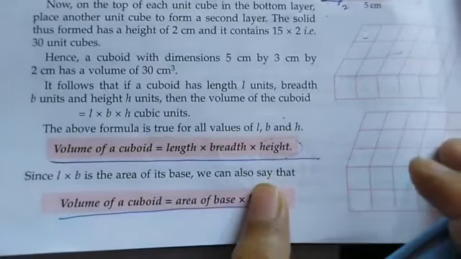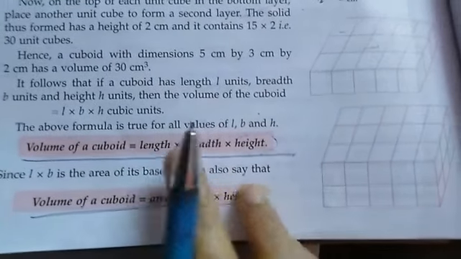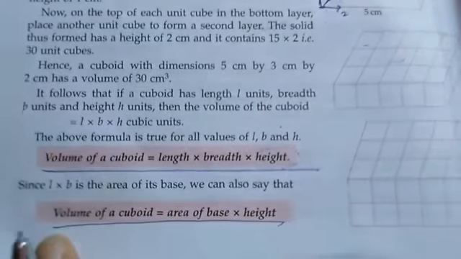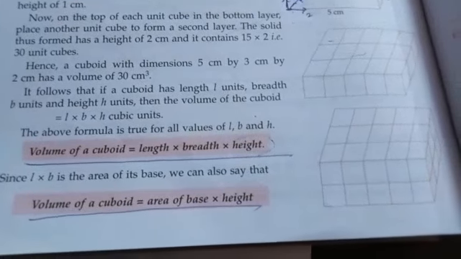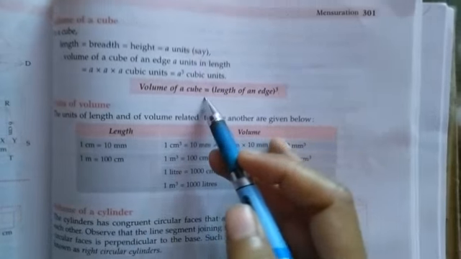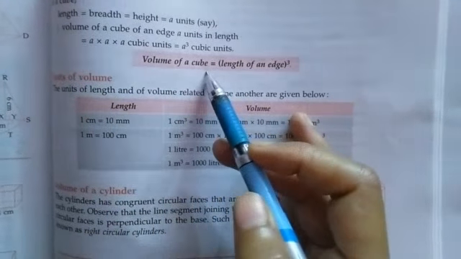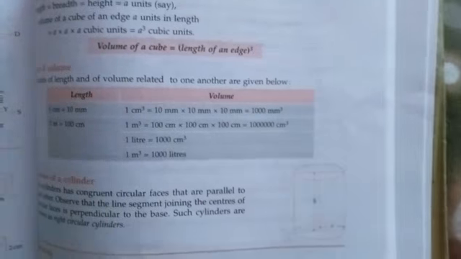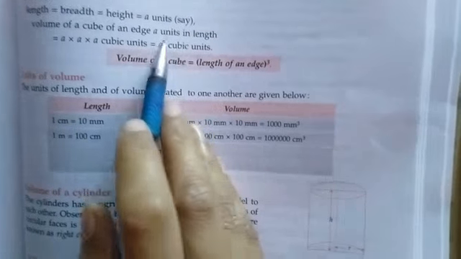Earlier with the rectangle we were finding the area with the length and the breadth. So the area of the base into the height will form the volume of that object, or the volume of a cuboid. As you all know, the cube is made from a square. A square is the same as a rectangle, only the length and the breadth are equal.